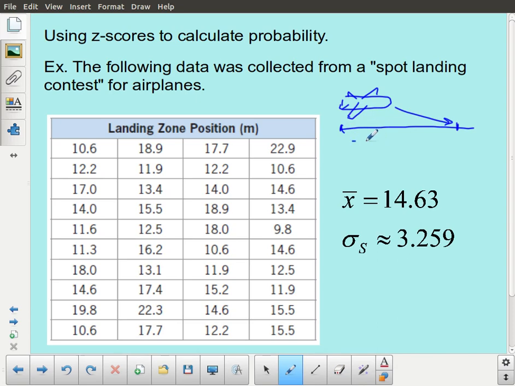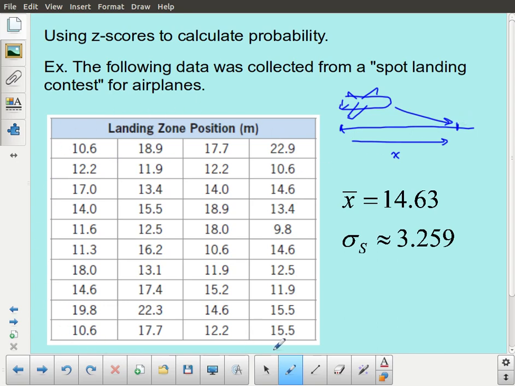So let's say that what this experiment is measuring is how far past the end of the runway they need in order to make their landing. And so we've got this data set. We've got a mean value of 14.63. We've got the standard deviation of the sample of data, because obviously this data is not a population data set. This is not all of the possible values of all the possible planes trying to make that landing.